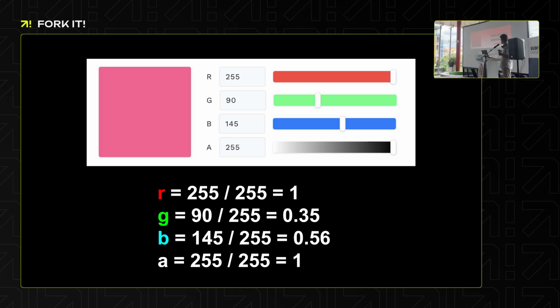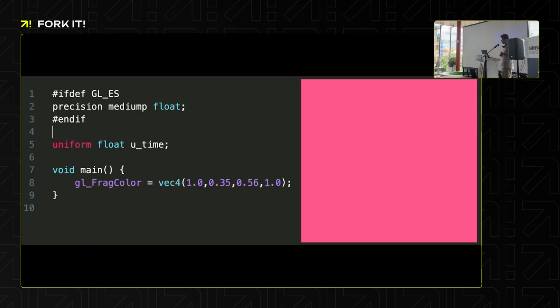So the red will be 255 divided by 255, which is 1. The green will be 0.35, the blue will be 0.56, and the alpha will be 1. You need to make sure that all the values are normalized between 0 and 1, otherwise you will have the wrong color. This is very important in shaders. As you can see, we put the same values in the 4D vector, and we have the same color.